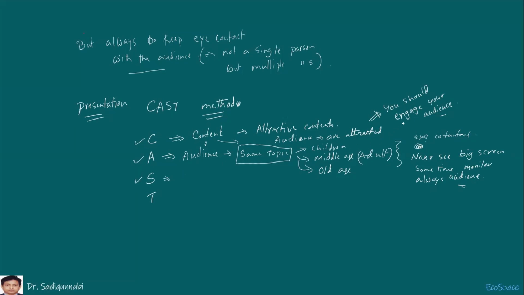To make the audience engaged, you must follow the style of delivery. In style of delivery, you must follow this rule: eye contact, never look at the big screen. Sometimes you can look at the monitor, but always keep eye contact with the audience.